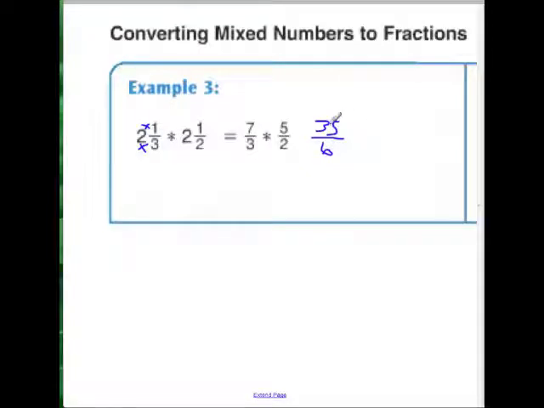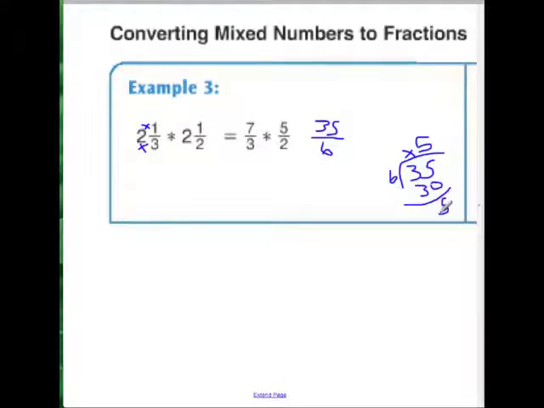Now we can also convert this back into a mixed number by taking 35 and dividing it by 6. We know 6 does not go into 3, so we place an X. We know 6 times 6 is 36, but that's too big, so 6 times 5 is 30, which leaves us with a remainder of 5.